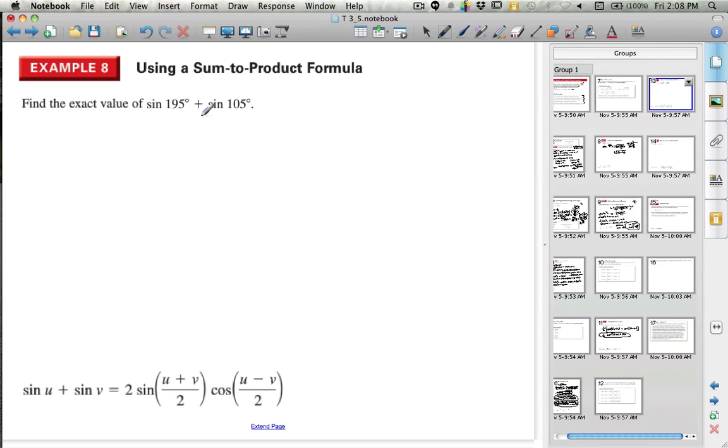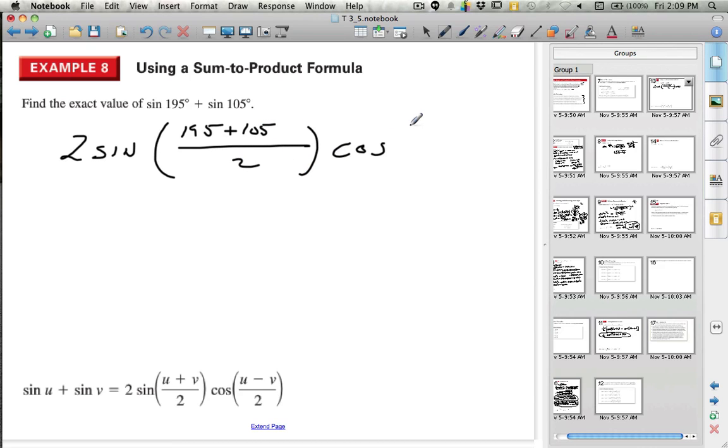If I want to find the exact value of these two, so I'm looking at sine plus sine, that's going to be 2 times the sine of 195 plus 105 over 2 times the cosine of 195 minus 105 over 2.